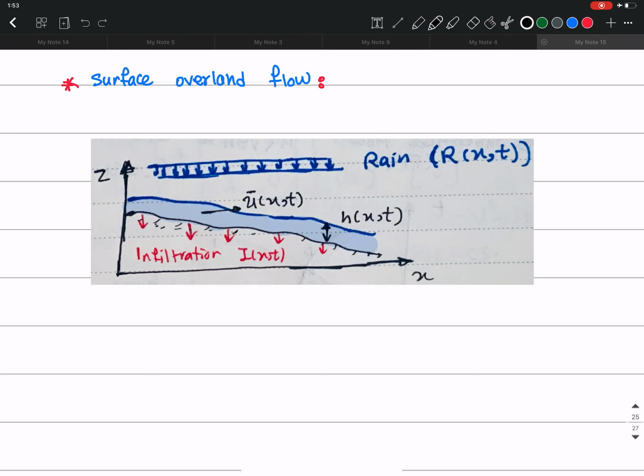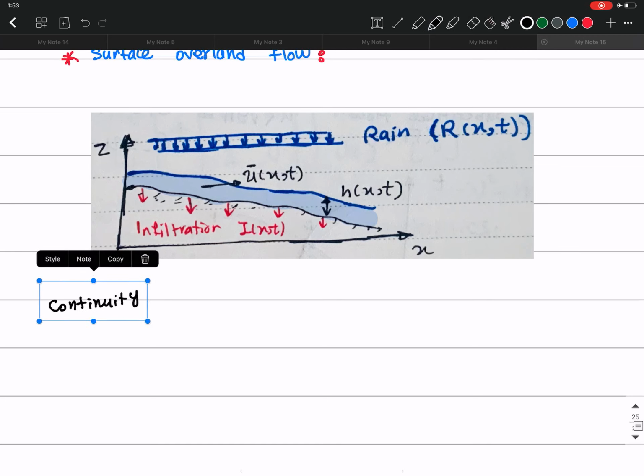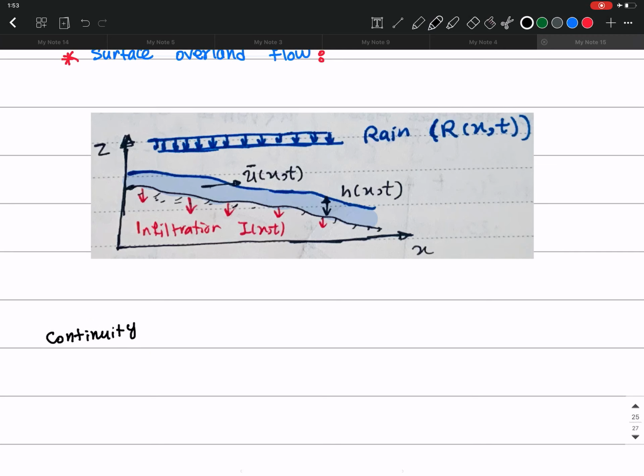So in order to do so, we can use shallow water equations. So first one is continuity. The continuity equation for shallow waters, I can write it as partial h over partial t plus partial h u bar over partial x. And now it doesn't equal 0 because we also have some sources and some sinks.